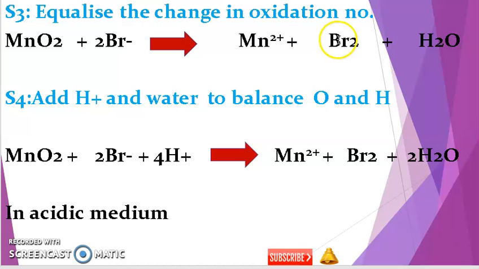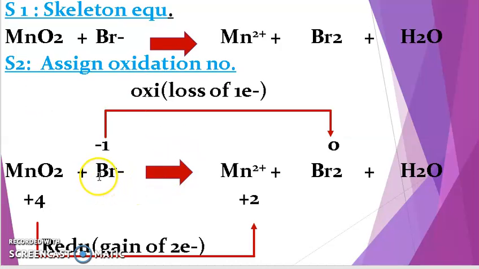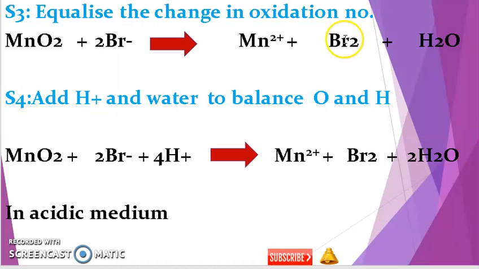So see here, Br2 is there, but here we don't have it. Br minus only is there, but here Br2 is there. So we have to equalize both sides. For that we have to write what? Here 2 is there, so I have put 2 here. So the third step was to equalize the change in oxidation number. Okay, I have done that.